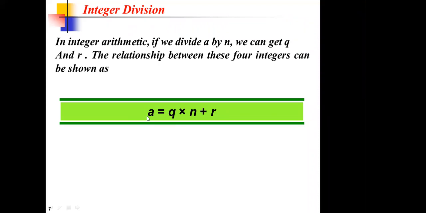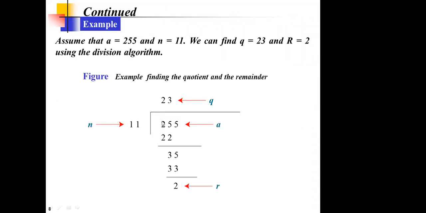If you divide a by n, then the quotient is q, so I can write a equals q times n plus the remainder. Normal arithmetic, what we have been learning: this is the quotient, this is my dividend, this is the divisor, this is the remainder.